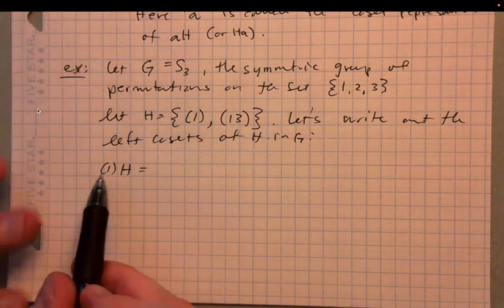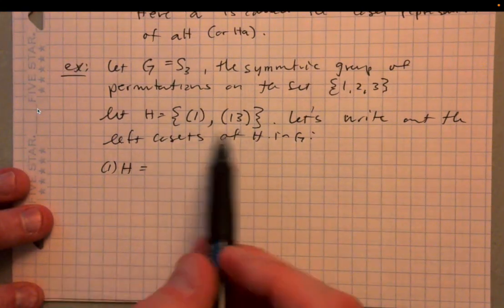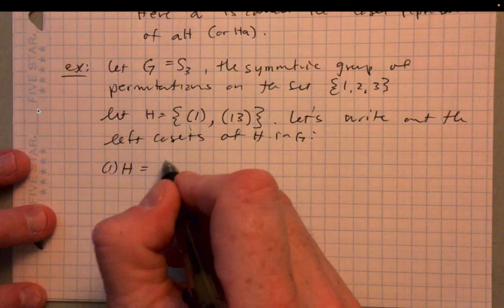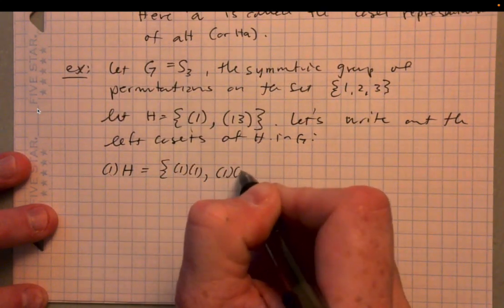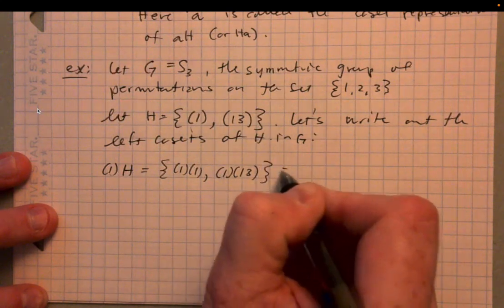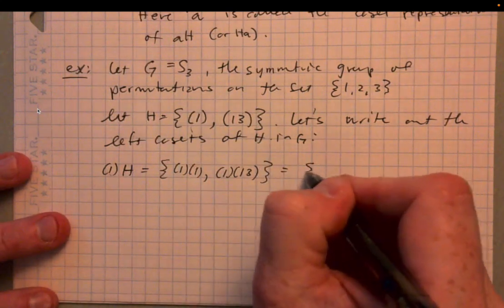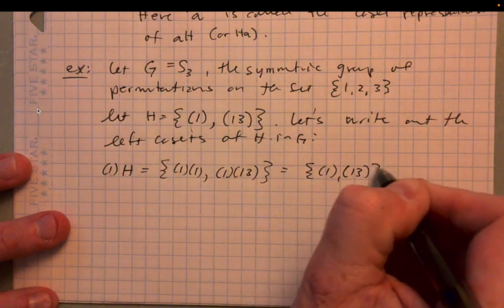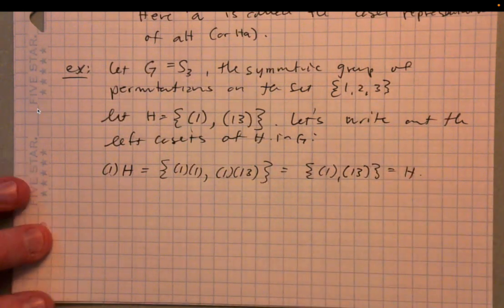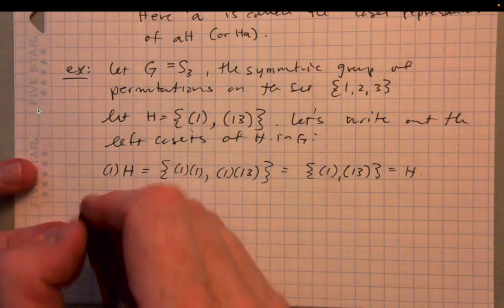The identity times any permutation is just that permutation, so I would have the identity and (1 3). Of course it resolves down to just the identity and (1 3), which is just H.